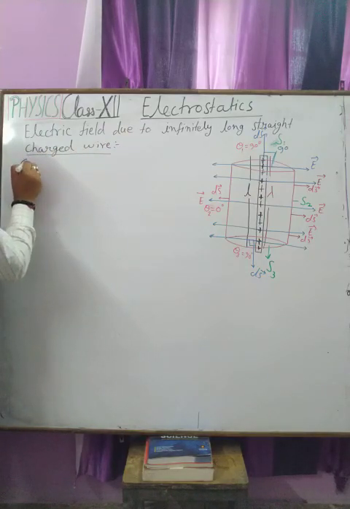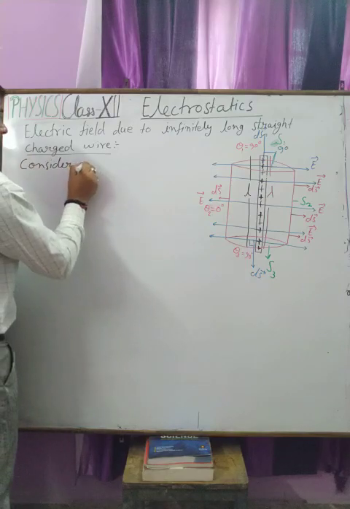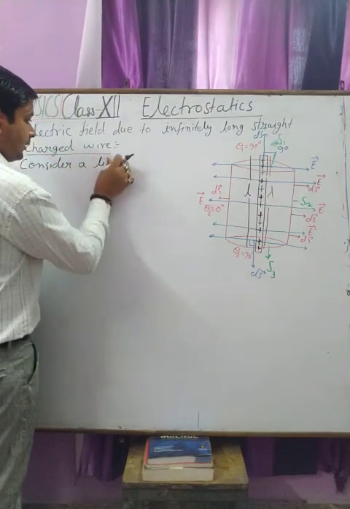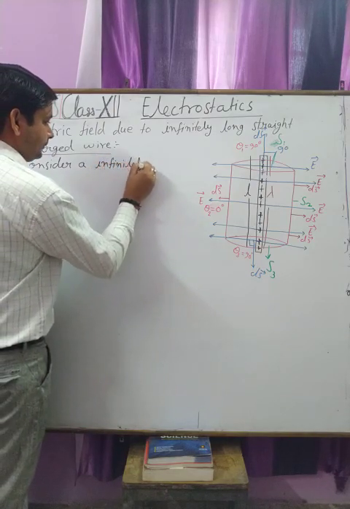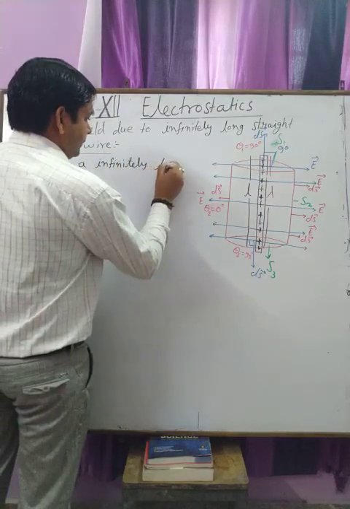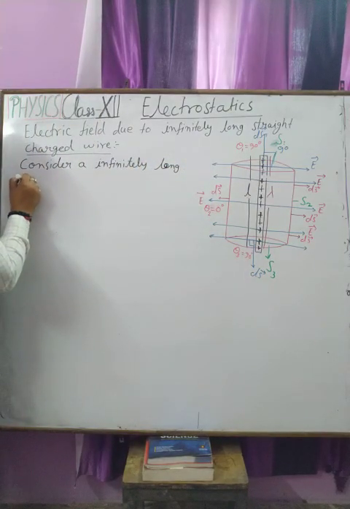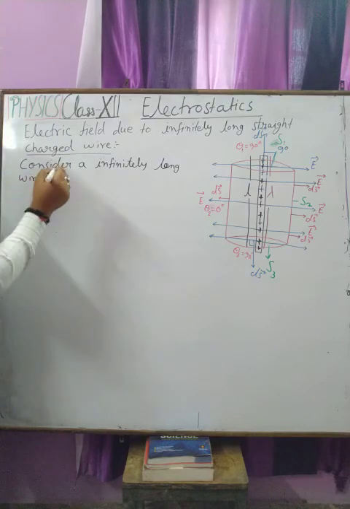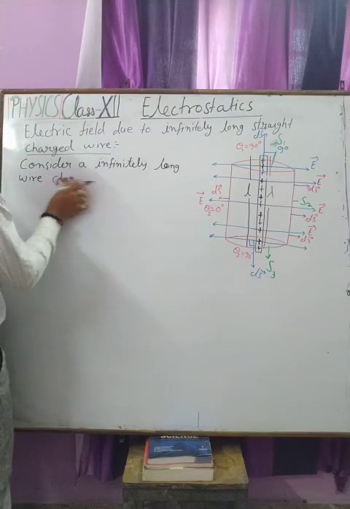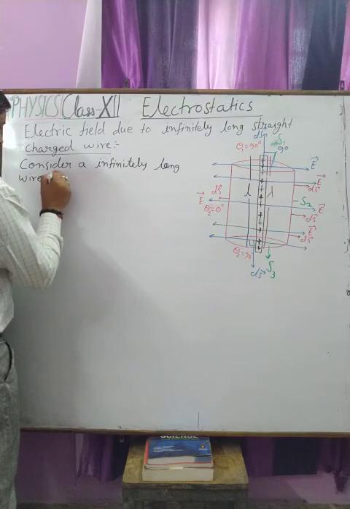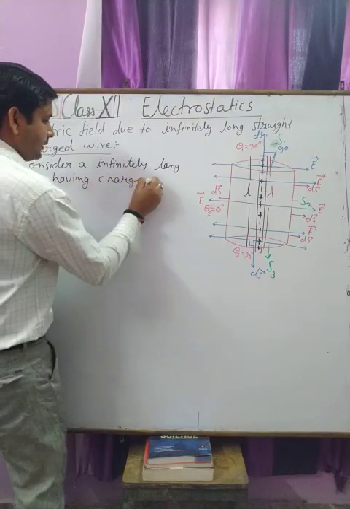Consider a line, infinitely long wire having charge density lambda.